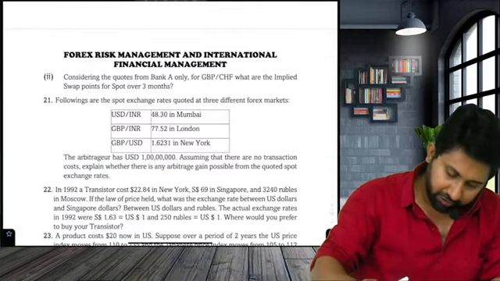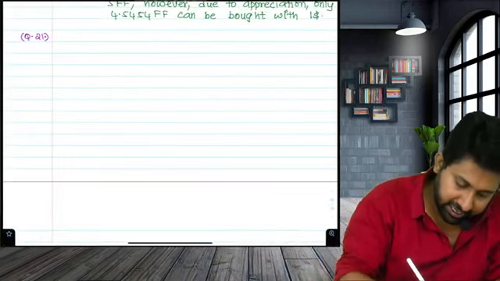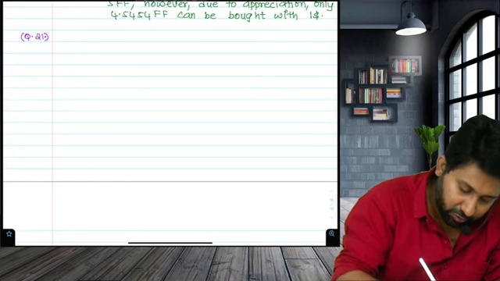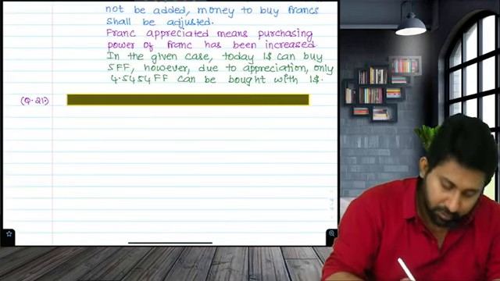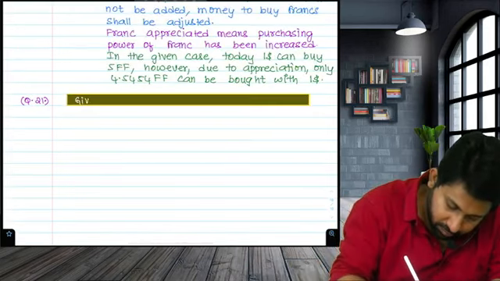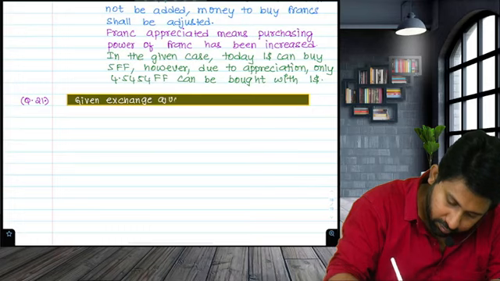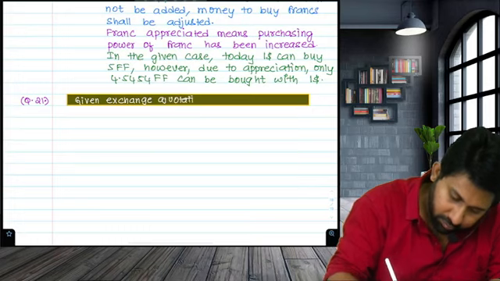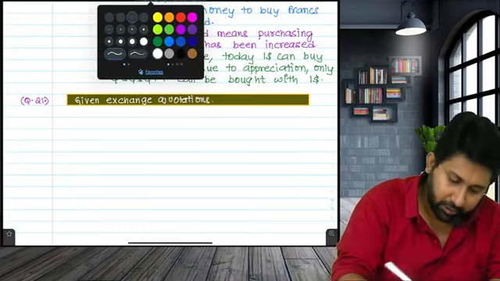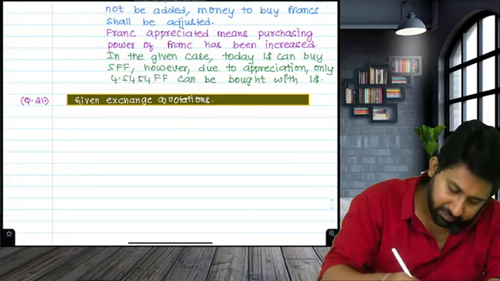What is question number 21? First, let us write down the given exchange quotations.